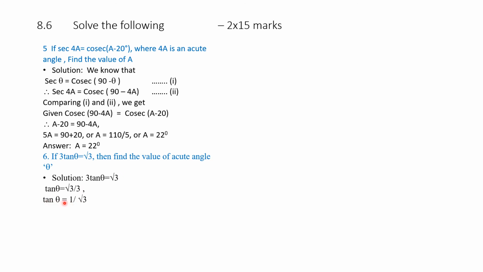Therefore, tan theta is equal to 1 by root 3. But we know tan 30 is 1 by root 3. Therefore, comparing, theta will be 30 degrees. The answer is theta is equal to 30 degrees. This is also a 2-mark question.